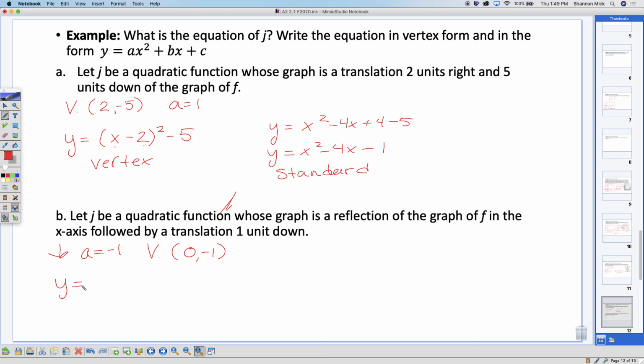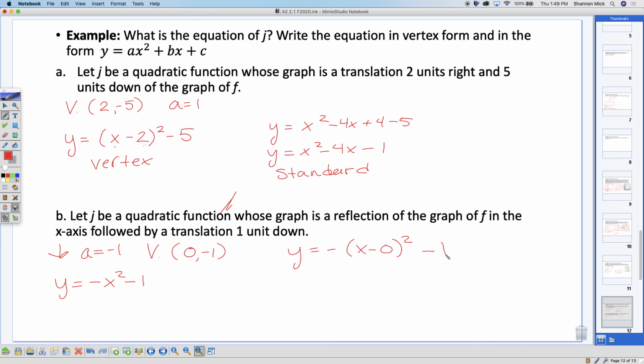So vertex form is basically y equals negative 1 times x minus 0, squared, minus 1. Well, it's both the vertex form and the standard form, because vertex form would be negative (x minus 0) squared minus 1.